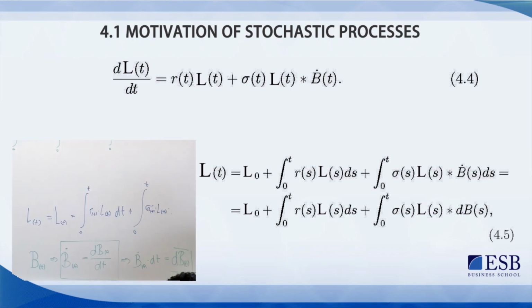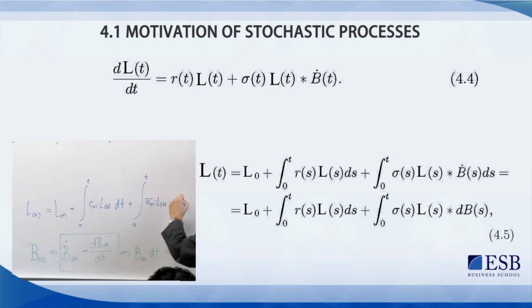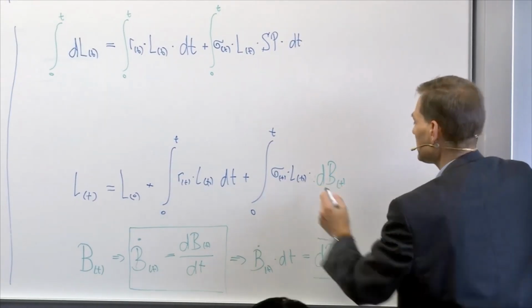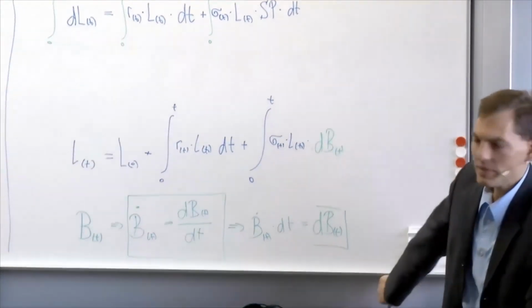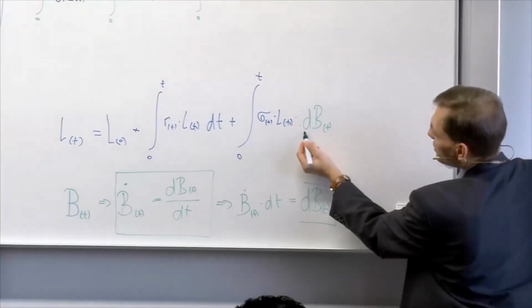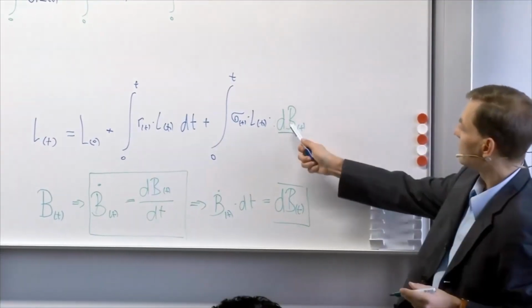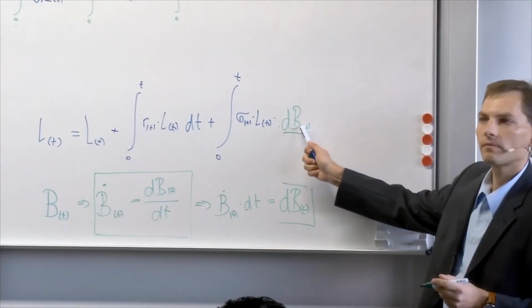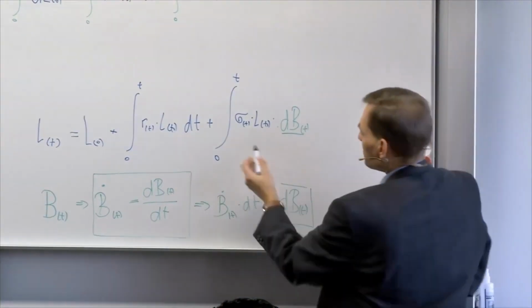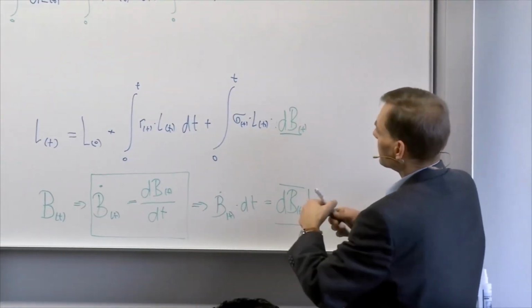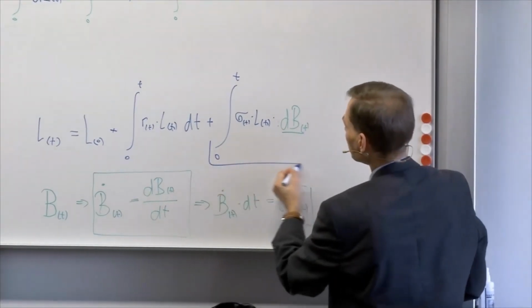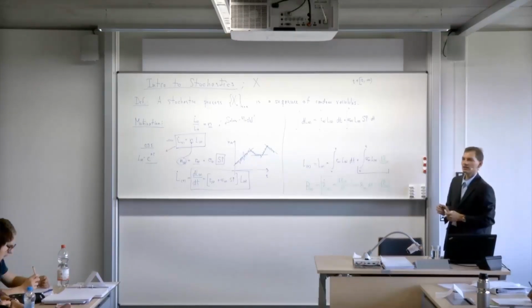So what we have here in the end is dBt. And that means we have to integrate over this stochastic process. So what we obtain here in this integral is a stochastic integral.